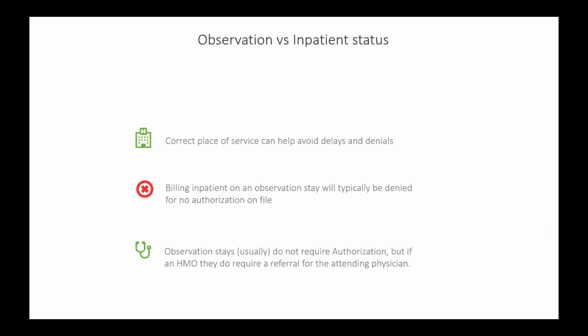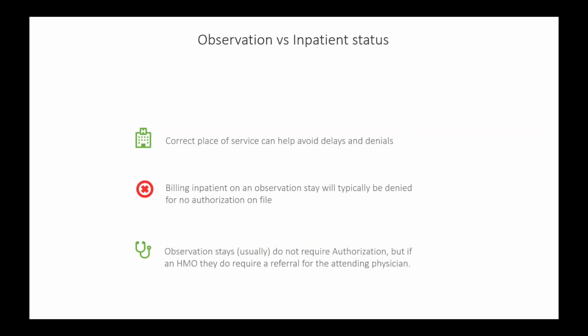The first thing I wanted to talk about is one of the biggest denials we see: the proper documentation of a patient being in observation versus being in an inpatient setting. When a patient is in observation, typically utilization management requirements are different, so they don't typically require authorizations. So when you bill an observation stay as inpatient, you will get a denial for no authorization.